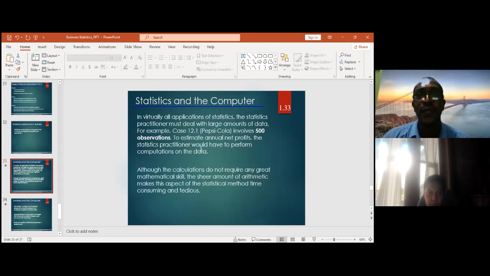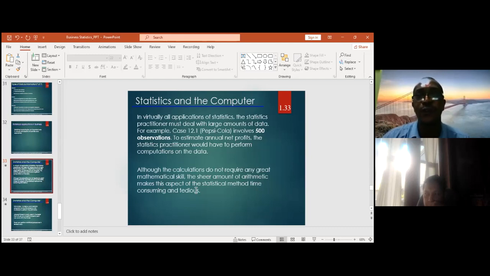To estimate annual net profit, the statistics practitioner will have to perform computations on the data. Although the calculations do not require any great mathematical skills, the sheer amount of arithmetic makes this aspect of the statistics method time-consuming and tedious.